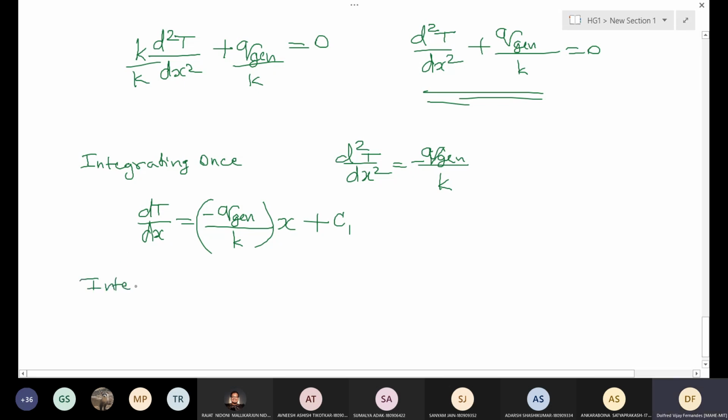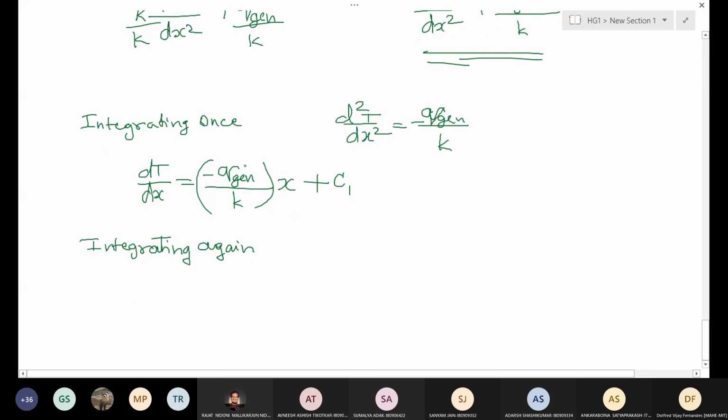Then integrate again. You can write T as a function of x equal to, tell me, minus q generation by k times, what do you get? x squared by 2, plus C1 x, plus C2.